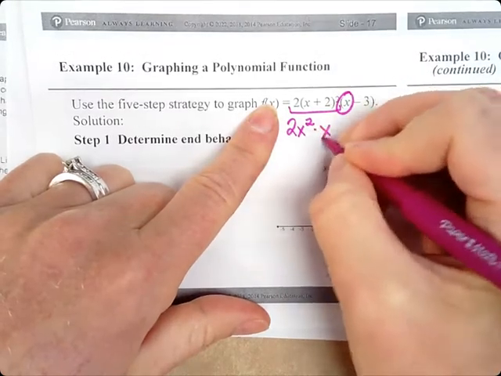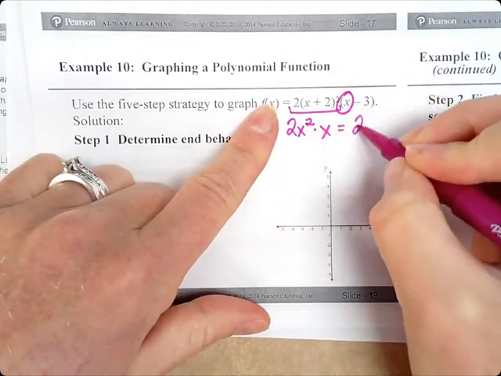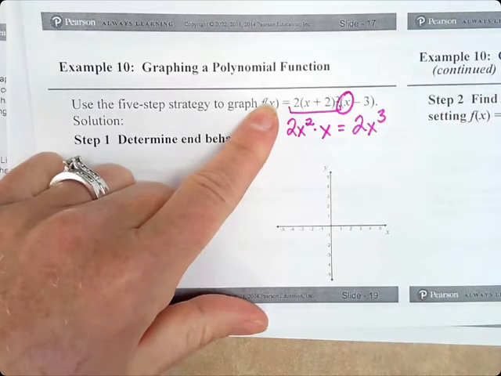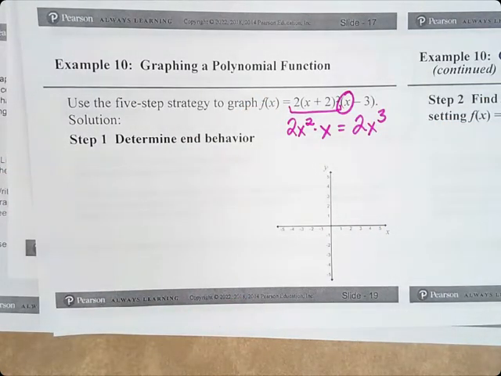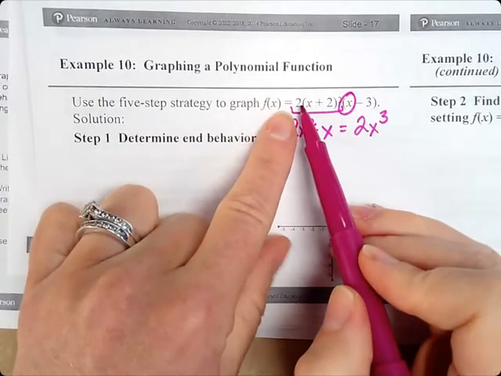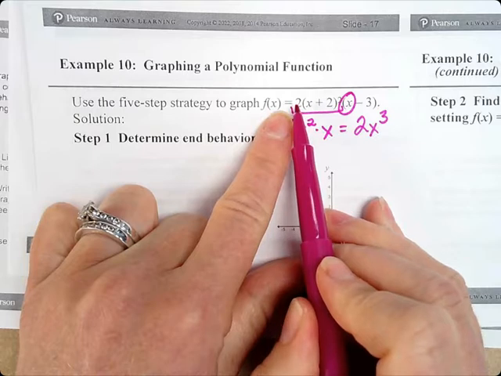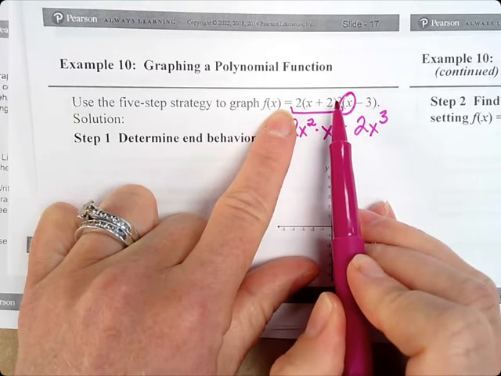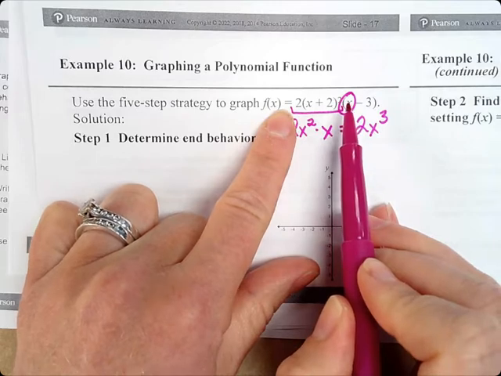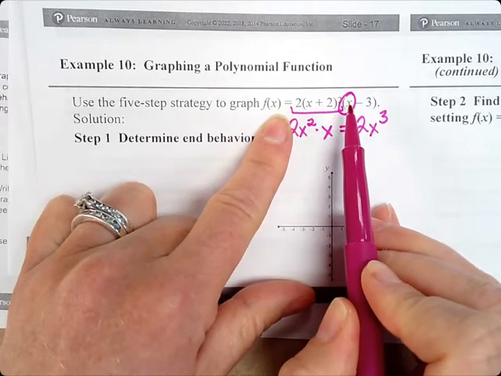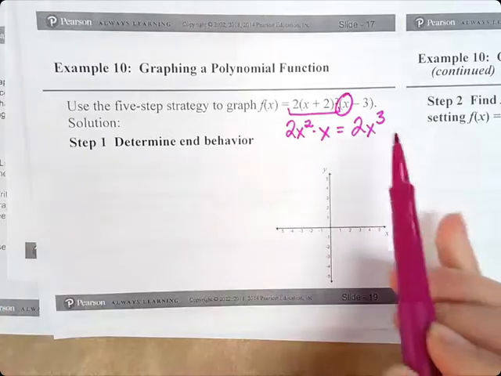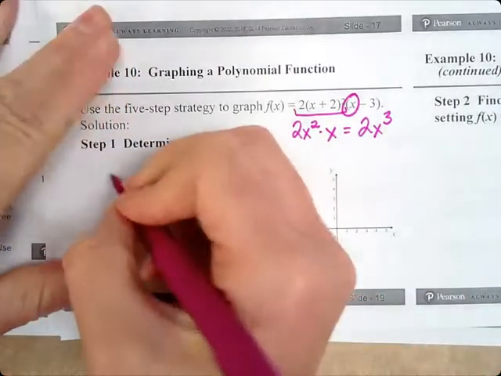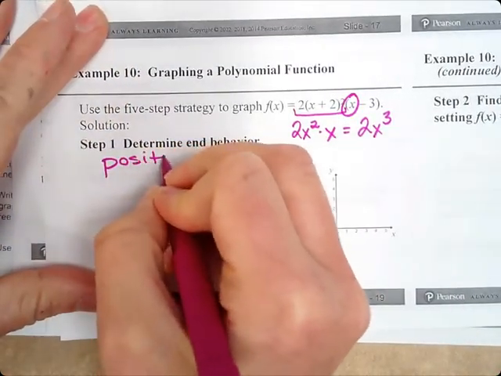So our leading term is going to be 2x to the third power. If you would rather multiply everything out to find your leading coefficient, you can do that. But I'm telling you, a shortcut would be multiply this number times your x, and then you're going to either square it or cube it, and then multiply it times the next variable, which would just be x. So that's 2x cubed.